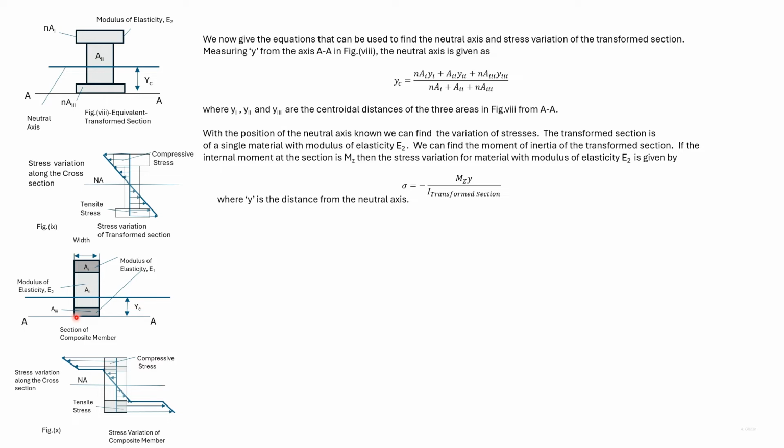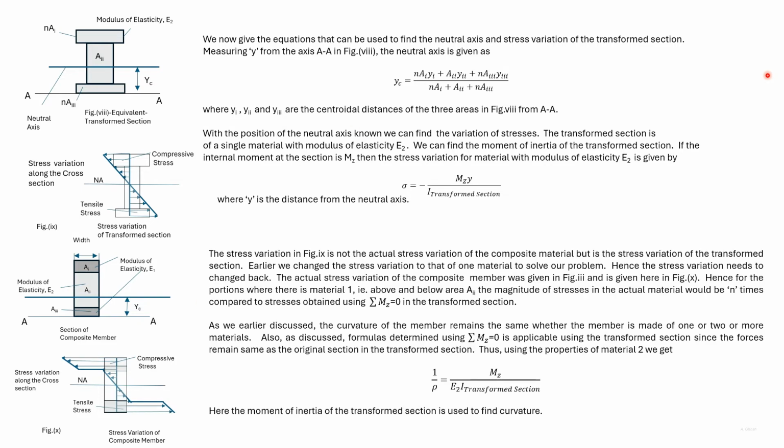Similarly, with the portion A3. So now we have both the neutral axis and the stress variation in the composite member. The stress variation of the transformed section for the portion A2 is the same as the composite member.